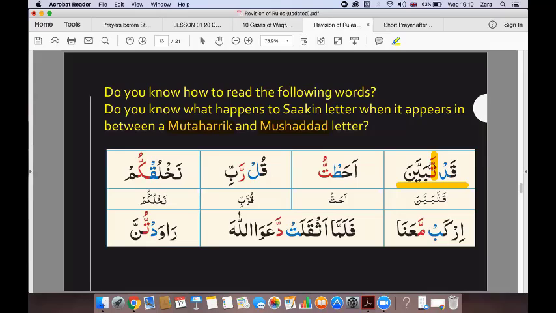Not the W. The W would be Shadda, the one above it, the actual stroke on the letter. The line slanting upwards. Fatha. Fatha, excellent. A Mutaharrik letter is a letter carrying a harakat or a stroke. Let me pause you for a second, Jazakallah.